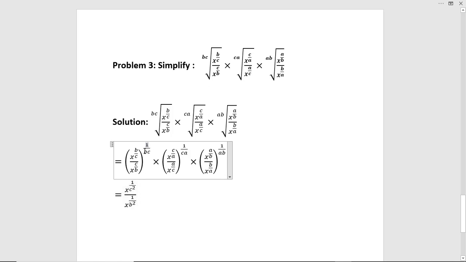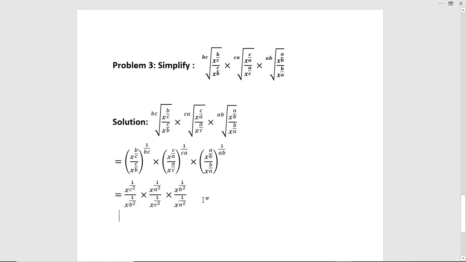And whenever we multiply this power 1 by bc with the power c by b, then c will be cancelled, and we will get 1 by b squared. Similarly, we write the other terms. Here we have x to the power 1 by a squared, x to the power 1 by c squared, x to the power 1 by b squared, x to the power 1 by a squared.